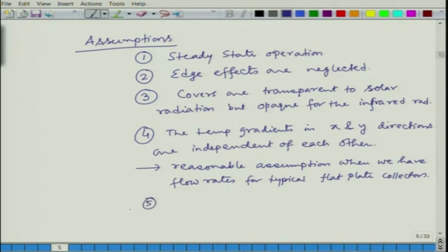And another assumption that we make, more often than not, is that properties of the fluid, here the heat transfer fluid, are independent of temperature.